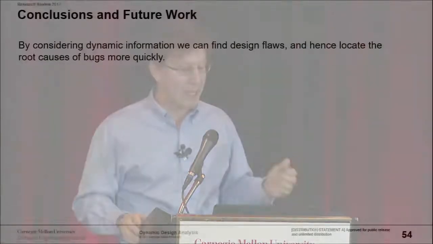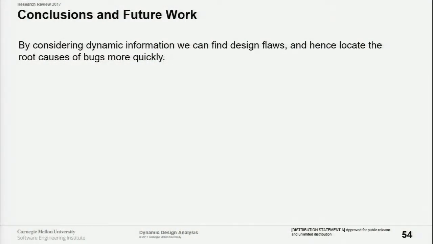Okay, so where are we now? Well, first of all, to conclude, the good news is that by considering dynamic information, we can in fact find design flaws, and design flaws that are not detectable by static information solely. And this allows us to determine the root causes of bugs, the design causes of bugs, much more quickly.